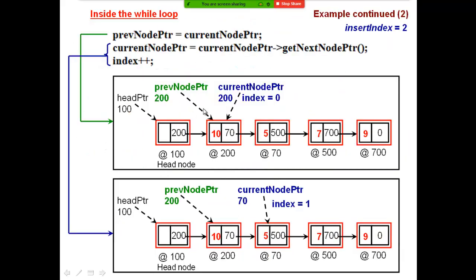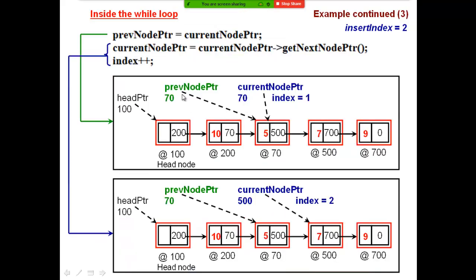So move the previous node pointer to the next data node, which is this node at address 70. So previous node pointer becomes 70, and current node pointer is moved to the next node.